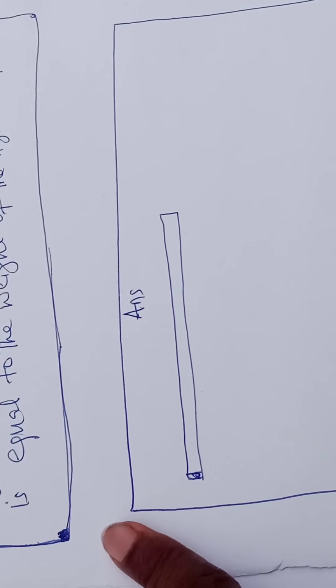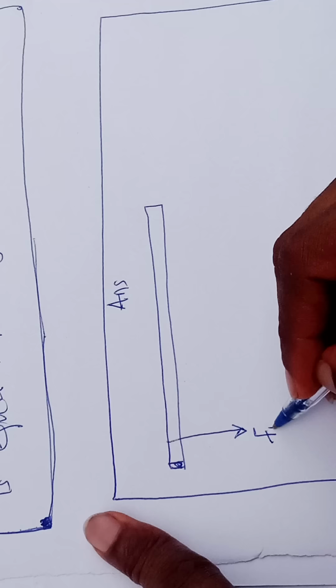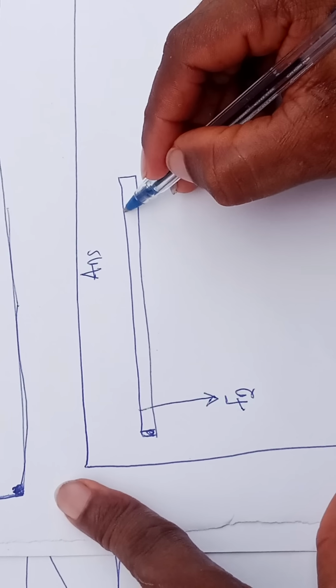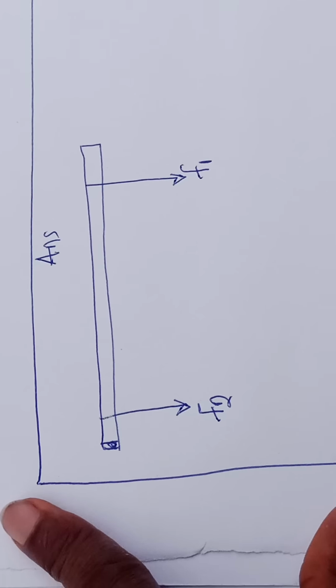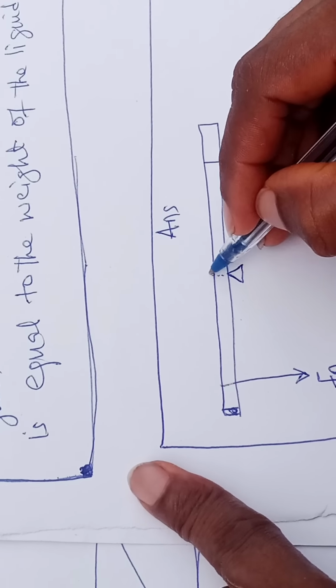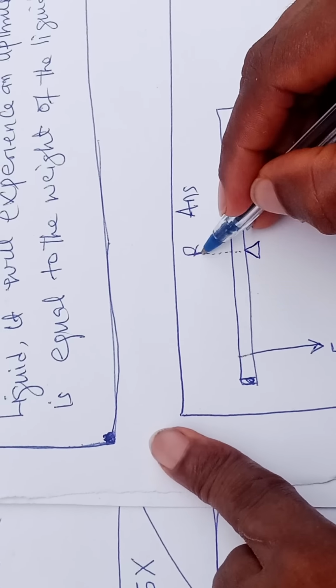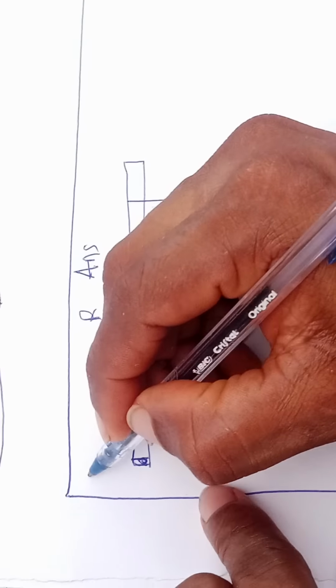Now I'm going to have this as F2 and this as F1, and then I will have this as the reaction. This is the only thing I'm going to draw for case 1.